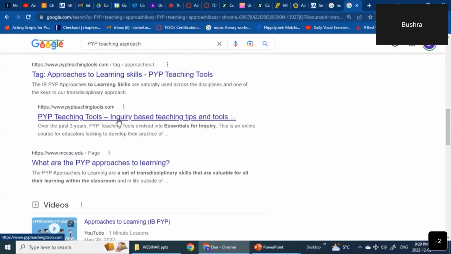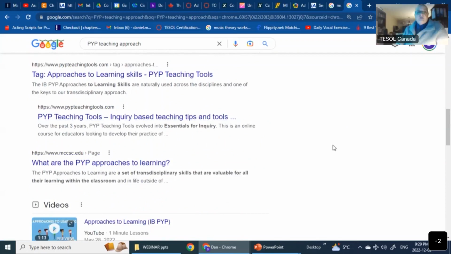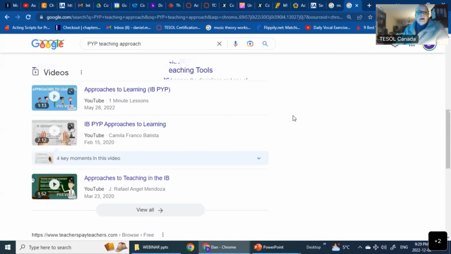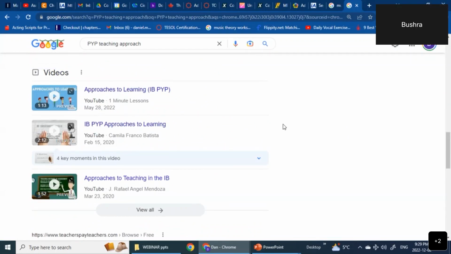Sure. A little bit, it uses an inquiry-based teaching approach. So it has the students asking a lot of questions, and it has the students really doing a lot of problem solving.